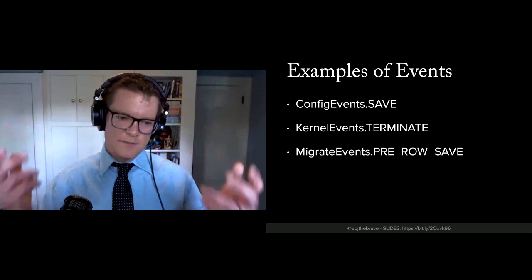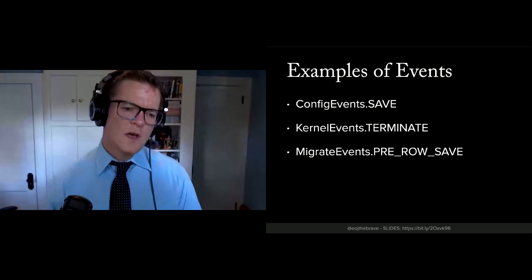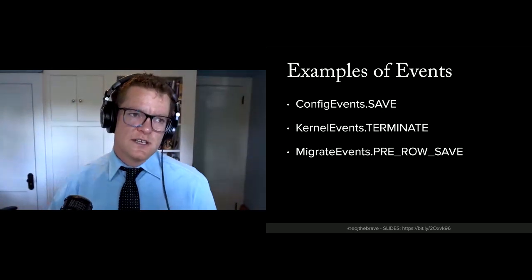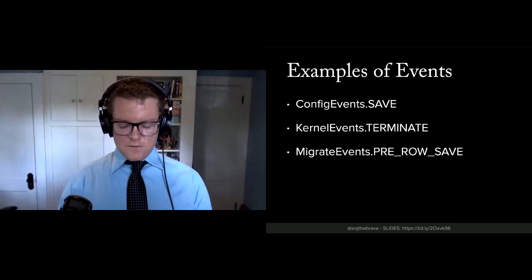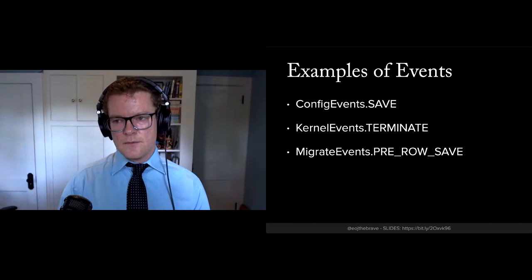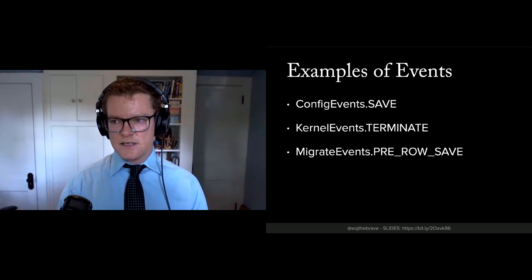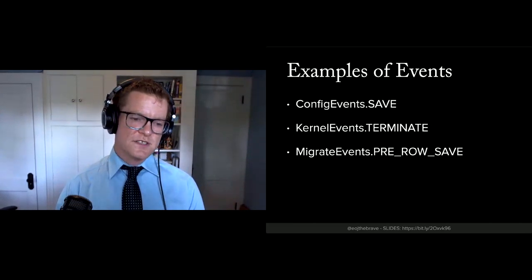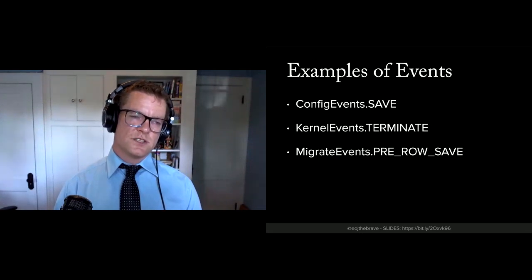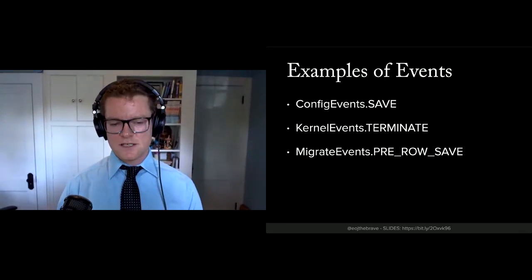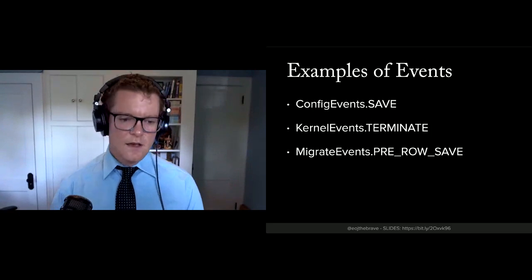So these are the example event names. Whenever a configuration object is saved, so you fill out the form that changes the admin email address for your site, and you hit save, Drupal dispatches an event, and it says, hey, someone just changed the system information email address. Anybody want to do anything about that? If you do, now's your chance.